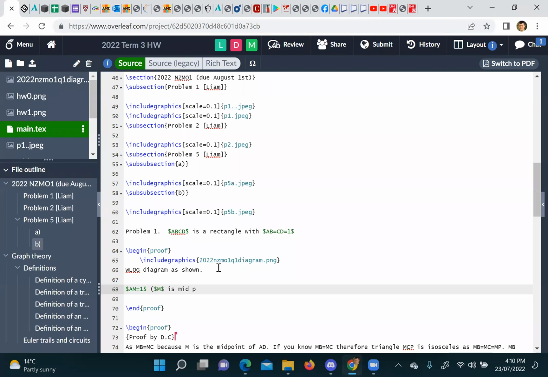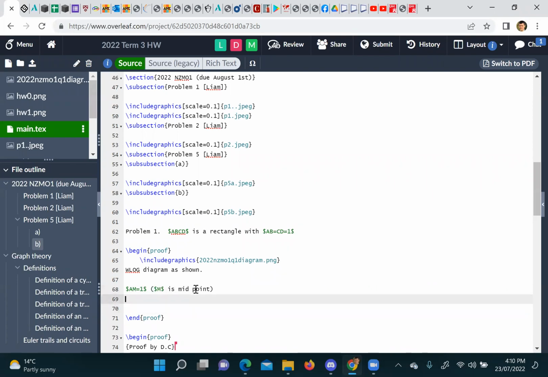Okay, it's lagging ridiculously. So triangle AMB is right isosceles, yeah?